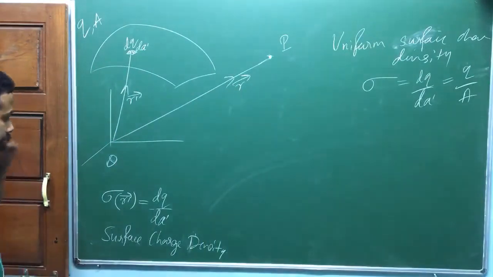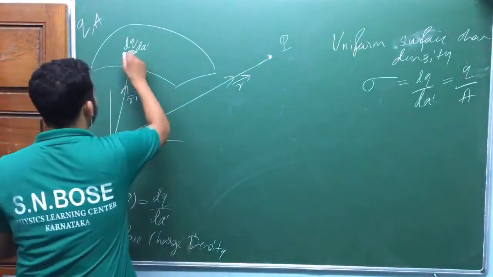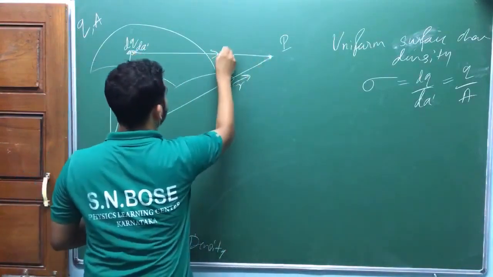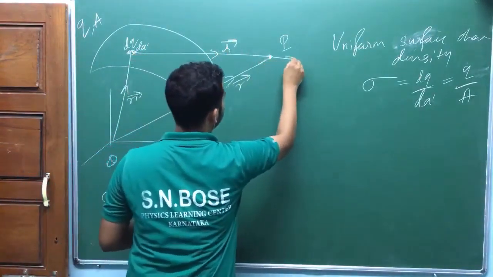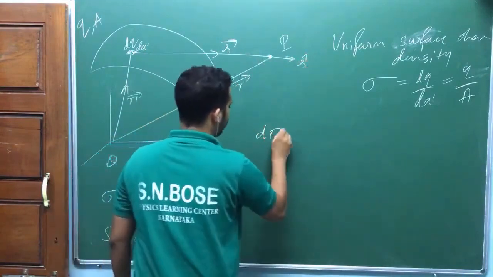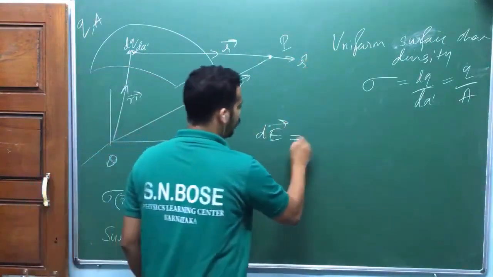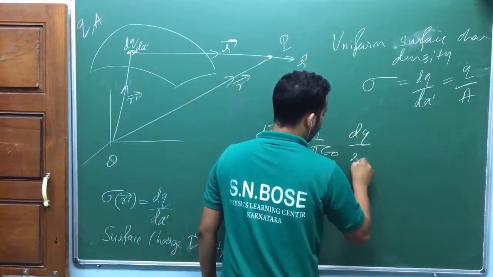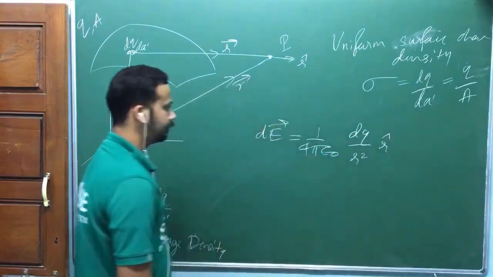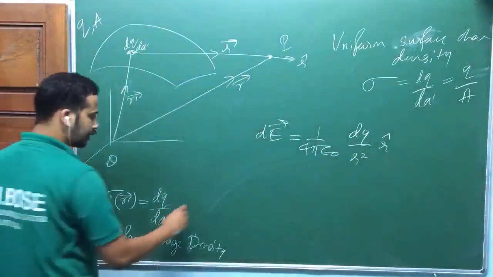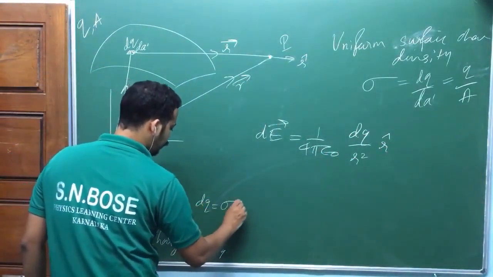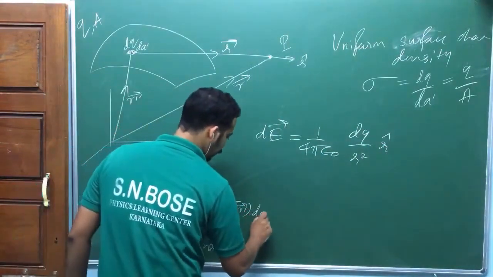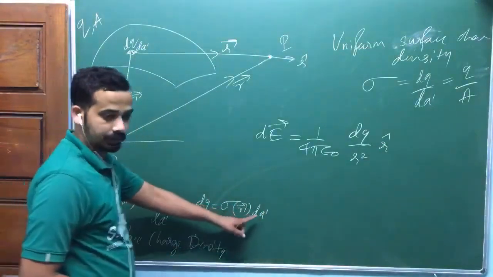Now look here, this is a charge dq. Due to this dq, let me write this r vector, this is r cap vector. The electric field due to this small portion is 1 by 4 pi epsilon naught, dq divided by r square into r cap. Now using this equation, dq is equal to sigma of r prime vector into dA prime. dA is not a vector here.